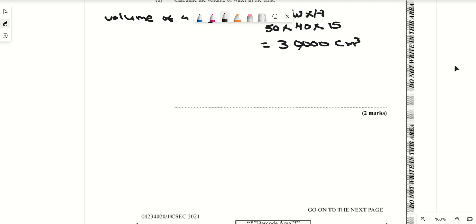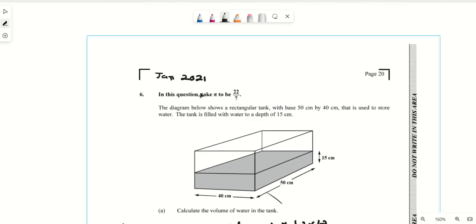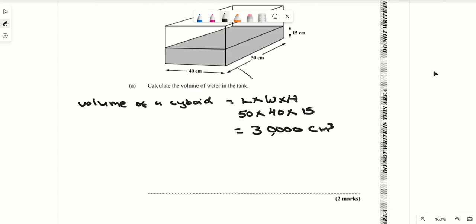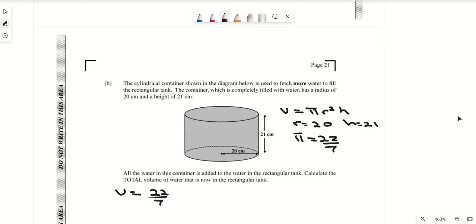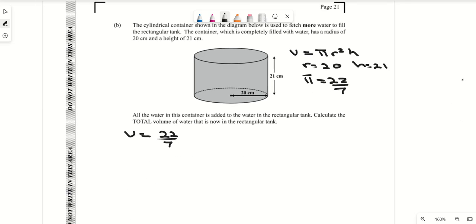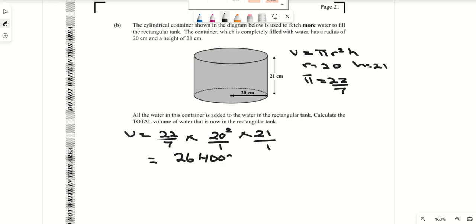They gave it in the question above: take pi to be 22 over 7. So let's do it. 22 over 7 multiplied by 20 squared multiplied by 21, or put these whole numbers over 1. Do it in your calculator. We saw that this is 26,400 centimeters cubed.